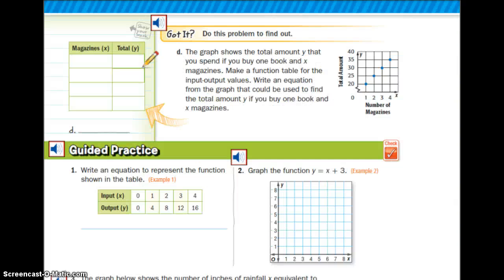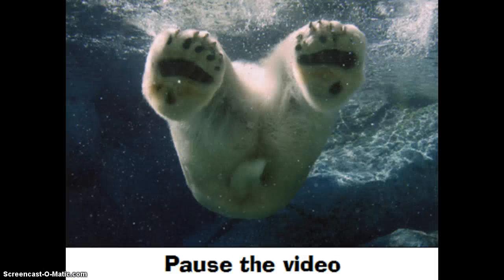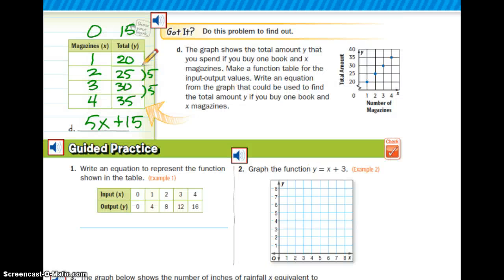Moving on. Now it's your turn. Make a table and write a function or an equation. Y equals. Pause the video! Okay, so I graphed my ordered pairs. 1 is 20, 2 is 25, 3 is 30, 4 is 35. The spacing is 5, so it starts out with my coefficient being 5x.